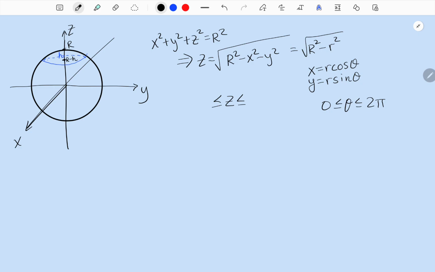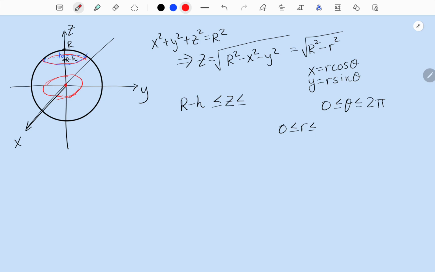R goes between 0 and an upper bound, which I'll find later. But z is dependent on r. z will go from r minus h, because if I were to project the domain of this spherical cap onto the xy plane, it is essentially just this circle with some radius.